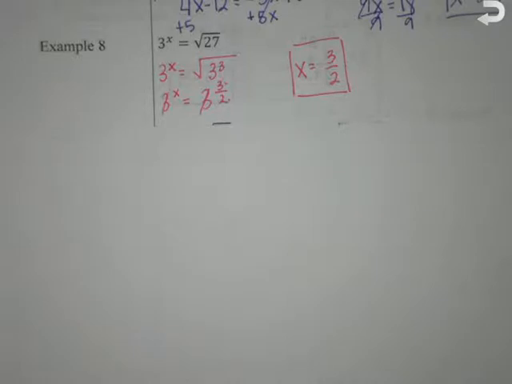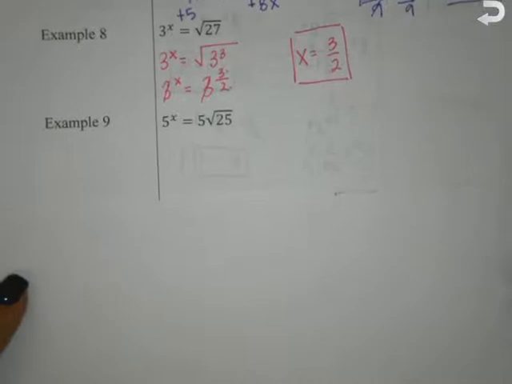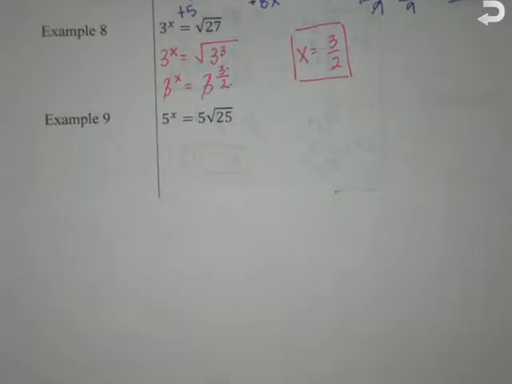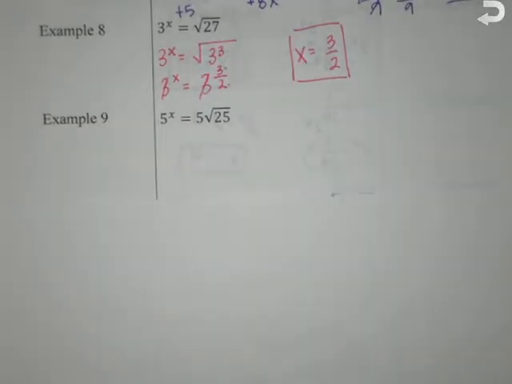Okay. Most challenging one is number 9. 5 to the x equals 5 times the square root of 25. Can we take the square root of 25, guys? What does it come out to? 5.